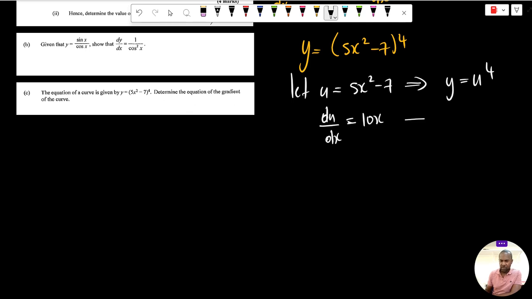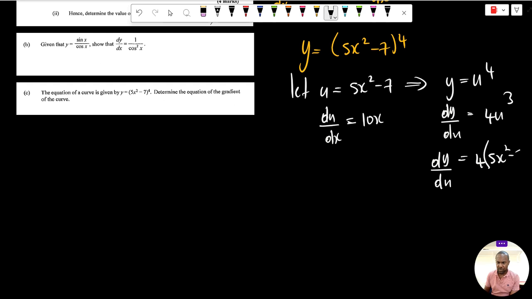And similarly, if y equals u to the power of 4, then this further implies that dy by du is equal to 4u cubed, right? But of course, because u was originally given in terms of x, we can say that dy by du is equal to 4 bracket 5x squared minus 7 cubed.